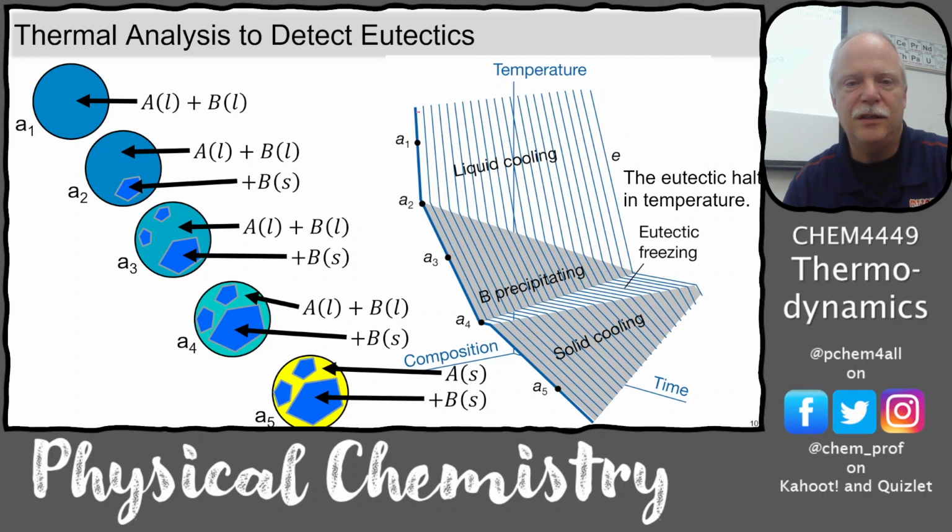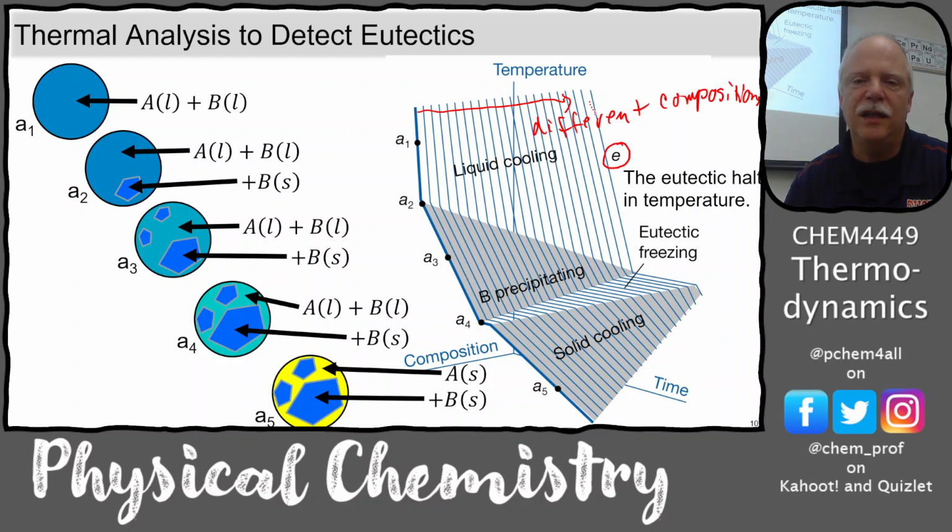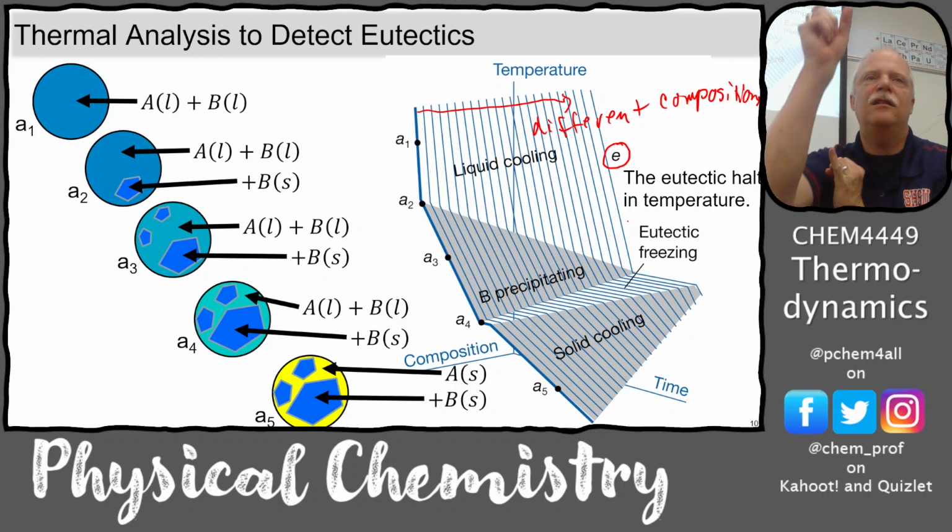So going this direction is different compositions, all the way till we get to the eutectic composition. So that's the one that is liquid the longest. And so that's one way to describe a eutectic mixture. It has the lowest melting point, and it's liquid the longest.